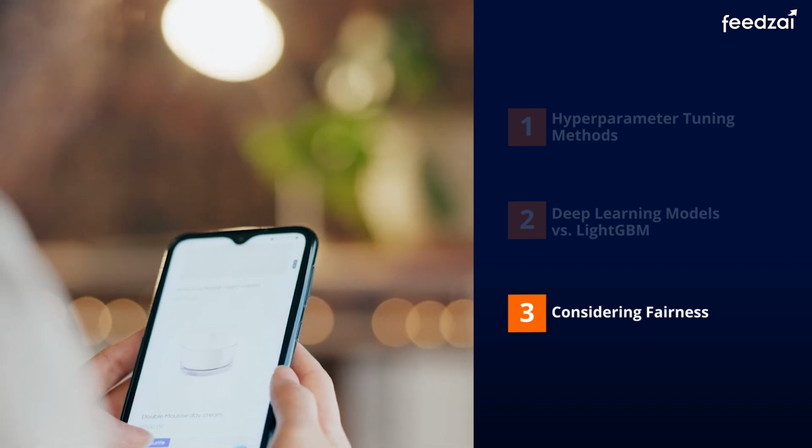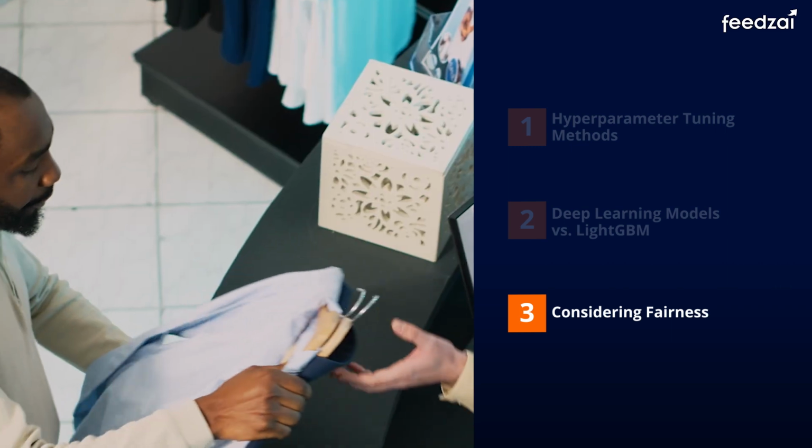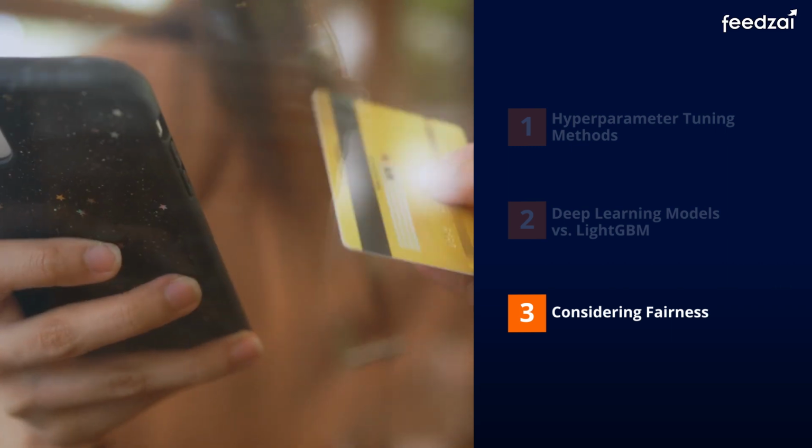So when choosing your best model, you should not only consider its performance in terms of financial crime detection, but also consider fairness. This is an incredibly important thing in the financial crime space because it really affects people's daily lives. You could use something like LightGBM, which is a model algorithm that will allow you to train the best models, not only in terms of financial crime detection, but also in terms of fairness.